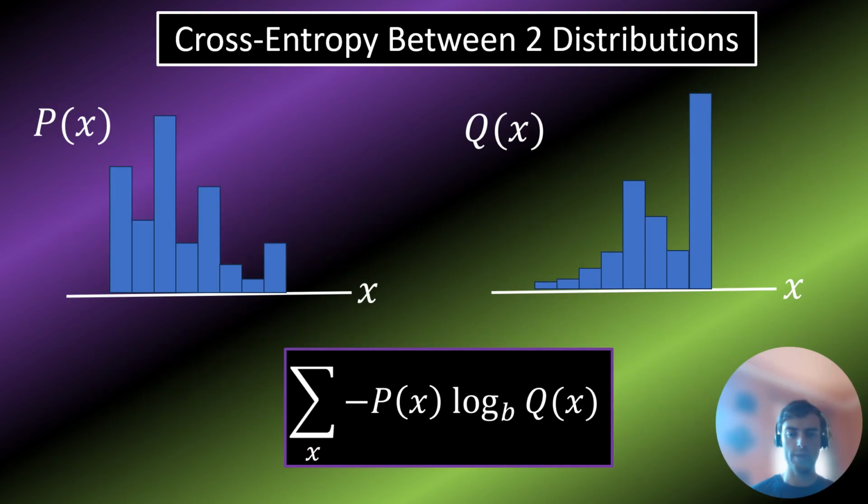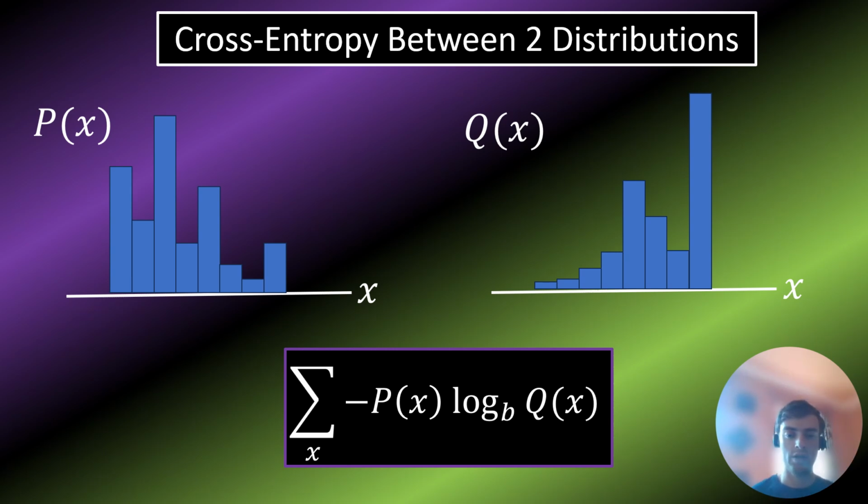And so there's also something called a cross-entropy. What this is, say that you have a distribution P of x, and instead of using negative log base B of P of x to represent the amount of information needed to encode some probability P of x at x, you instead use Q of x, the amount of bits needed to represent the probability Q of x at the same x.